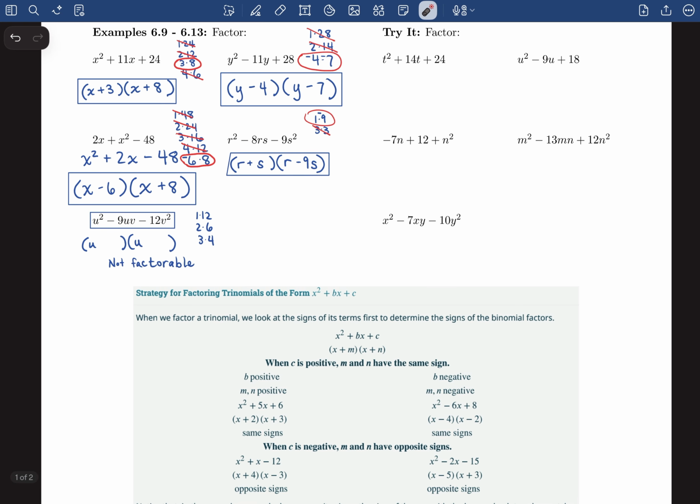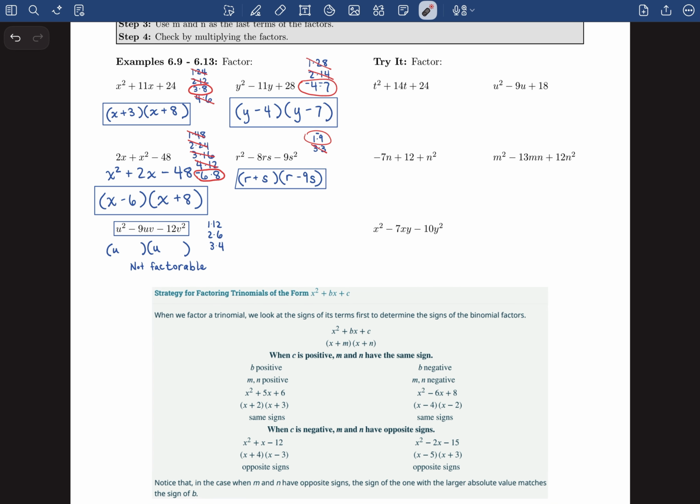In these examples up here, we had plus and plus for the constant. The constant was positive, and so the factors had the same signs, either positive, positive for the 3 and 8, or negative and negative for the 4 and 7. That's an important thing to see.